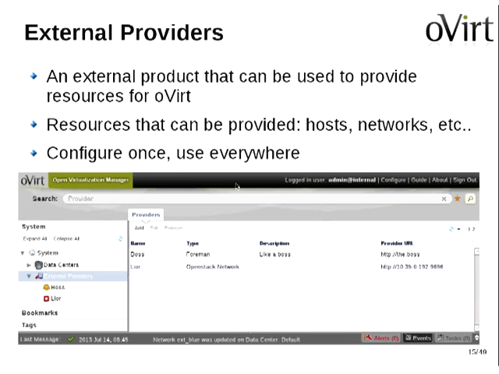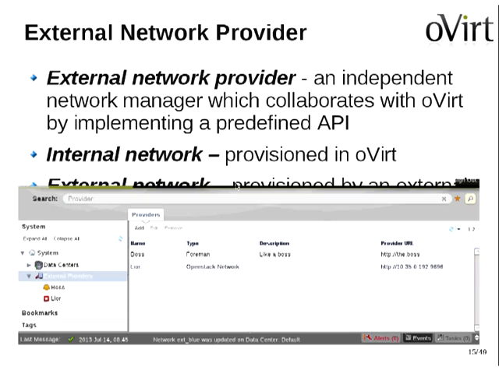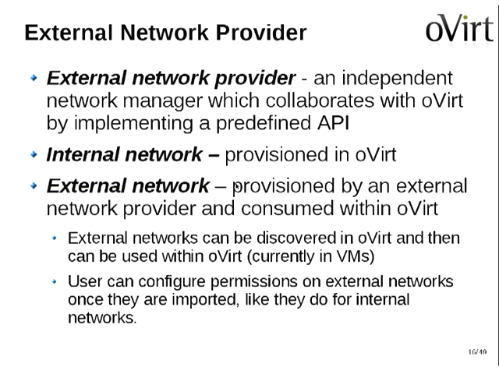And we also, of course, added the OpenStack network provider. But what's even a network provider, right? An external network provider is just some external network manager that we use through oVirt, and it has some predefined API that we expect to use, right?